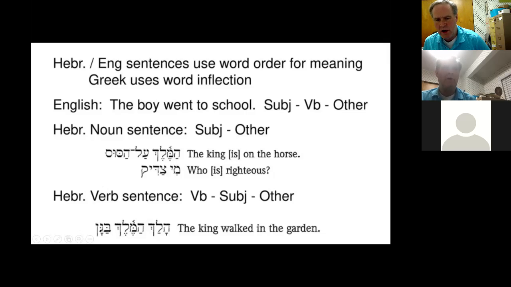So halak Ha-melech Bagan, he walked, the king, in the garden. It's out of order from what we said in English, but that's what they do in Hebrew. Are we good there? Okay, let's do a little bit more practice on the way that these come out.